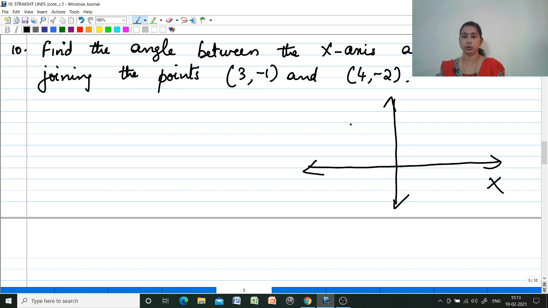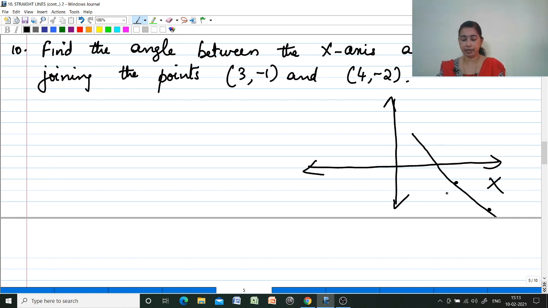So we need to find out the line joining these 2 points. The line is this one, and we have to find out the angle between them.